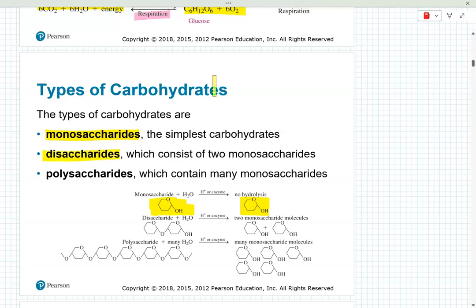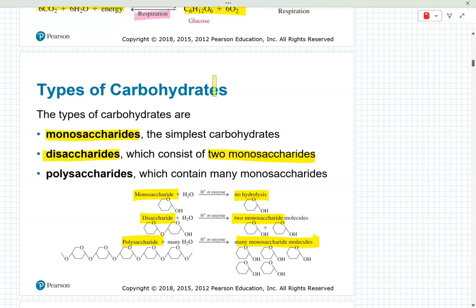Disaccharides, which essentially consist of two individual building blocks of monosaccharides, if you expose them to acid or specific enzymes, you will break the disaccharide down to two monosaccharides. Okay, make sense? And then polysaccharide, same story. You expose it to acid or enzyme in the water environment, and you can generate many monosaccharide molecules.